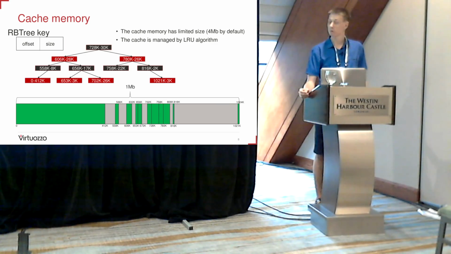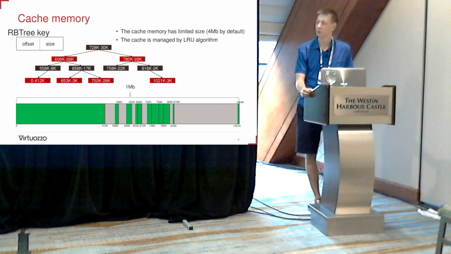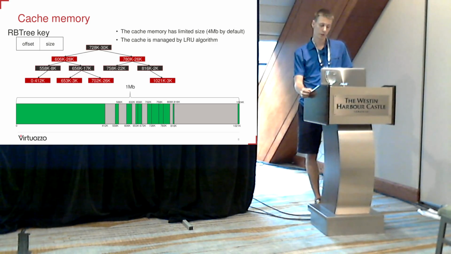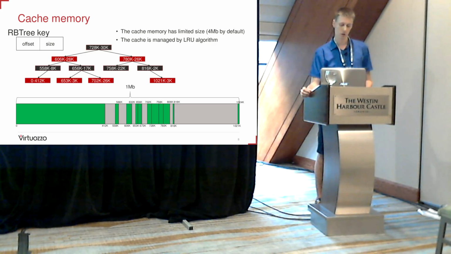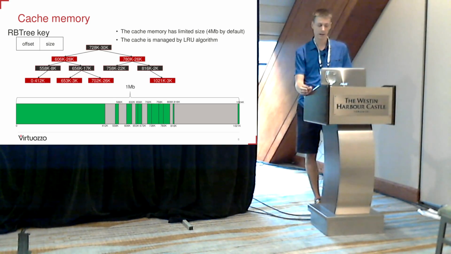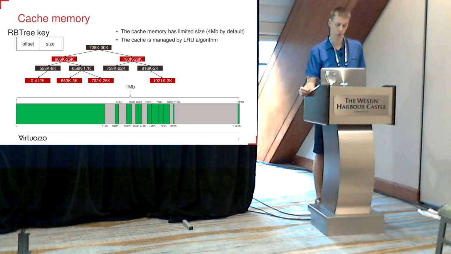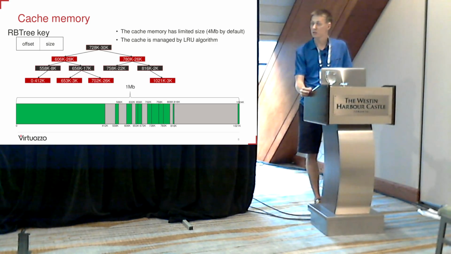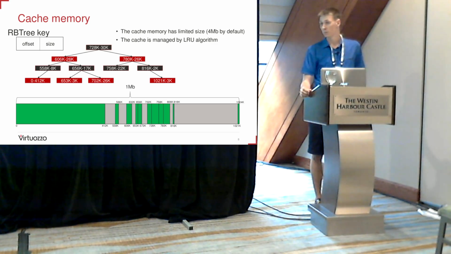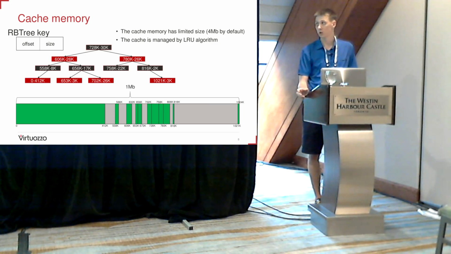The cache memory has a limited size, by default 4 megabytes, and the size is limited by the LRU principle. But why LRU, you ask? Because this is not a typical cache, and LRU could be useful here.